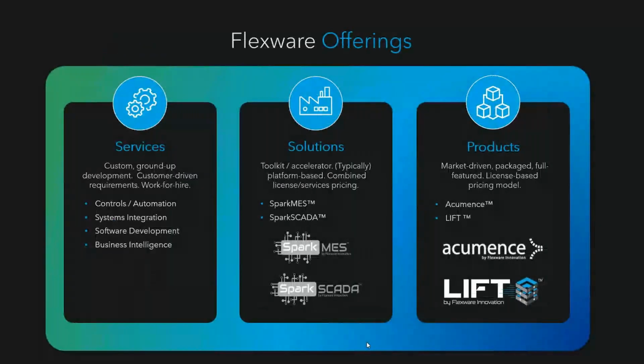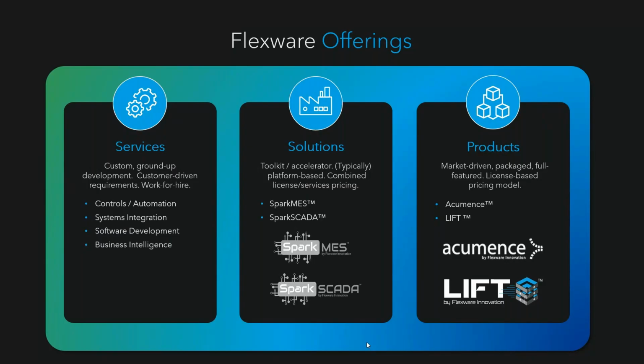So let's talk just real quickly about our different array of offerings. A lot of what we do here at Flexware is custom services. This is work for hire that we do for customers based on individual project requirements in those various spaces that I mentioned earlier. But occasionally we will start to build up what we call solutions there in the middle, which are typically toolkits or accelerators, mostly built on top of other platforms like Ignition.